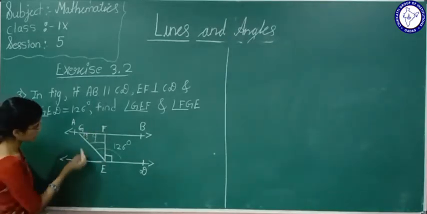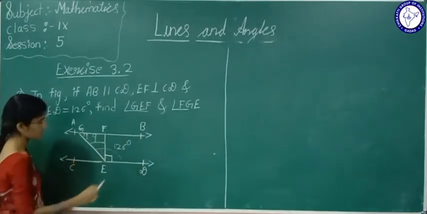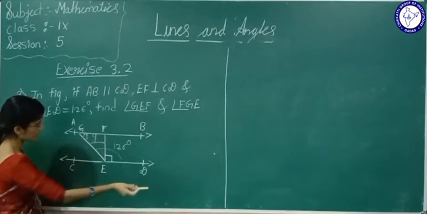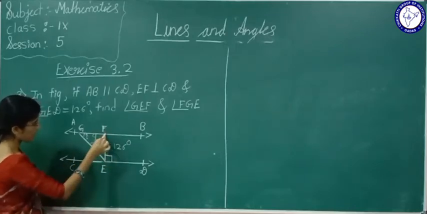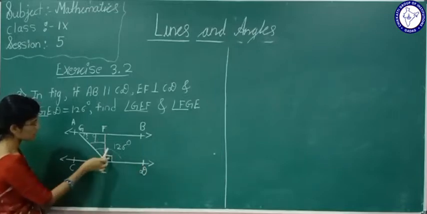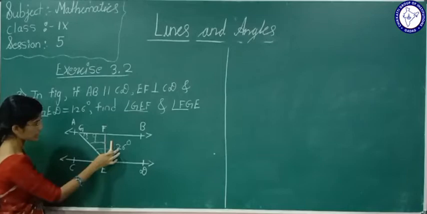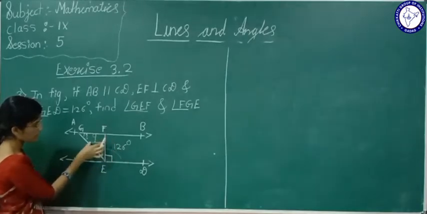Now see here students, AB is parallel to CD. Okay, and they have drawn FE perpendicular to CD, means this is 90 degrees. They have given the full angle is 126 degrees.